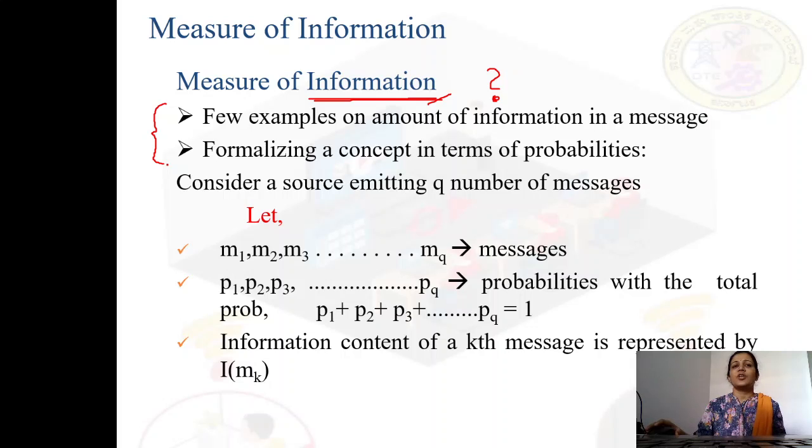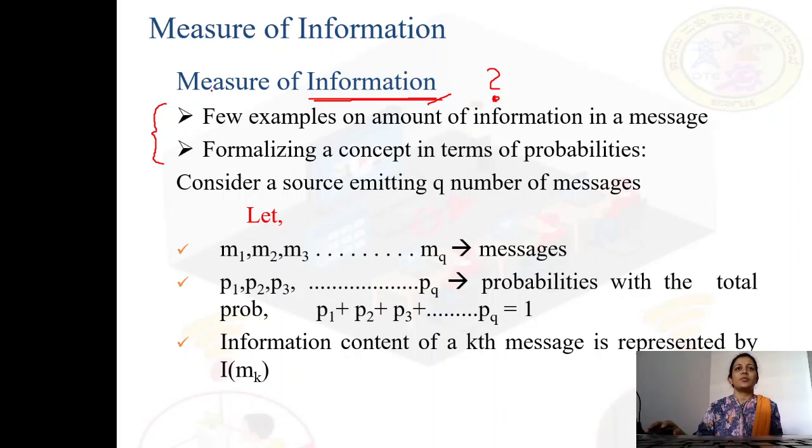So even though you are using a certain amount of data and channel bandwidth to transmit that message, you are not sending any new information. Therefore, you are wasting bandwidth without conveying any new information. That is why it is very important for us to measure the information and not just the data rate, how much data you have sent.